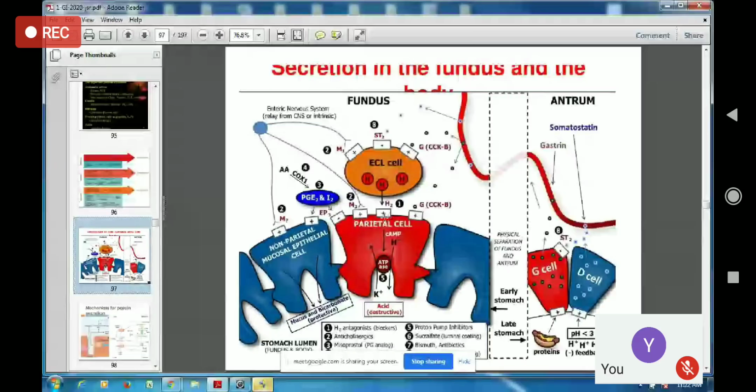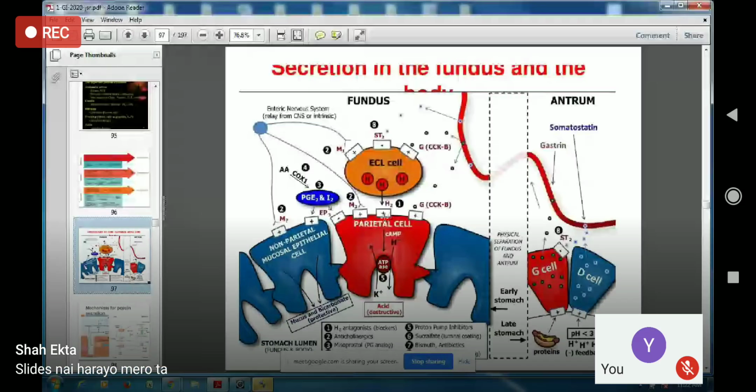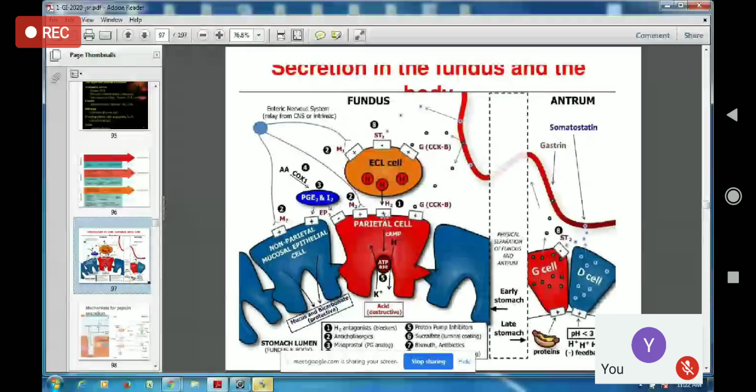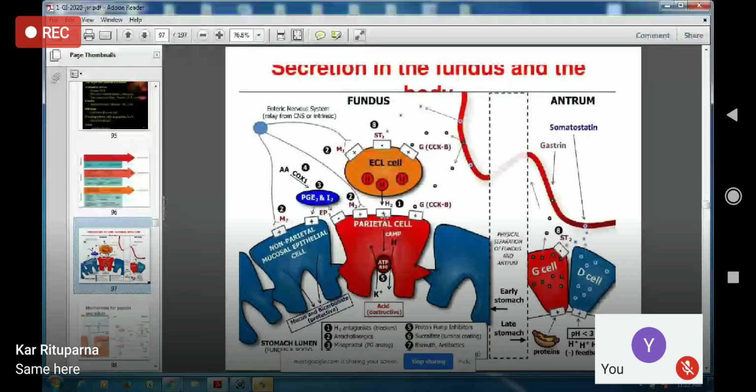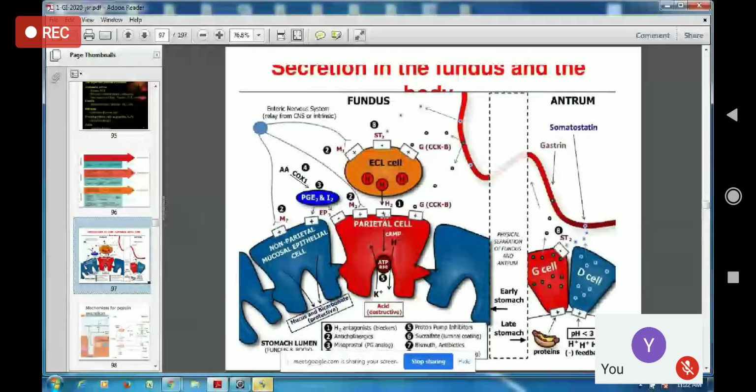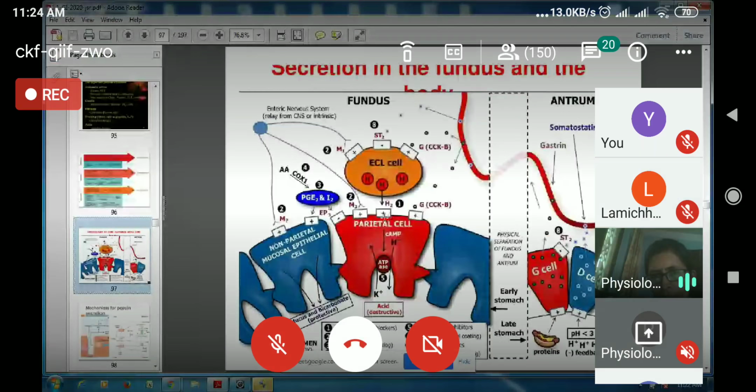So gastrin, histamine, and vagus nerve parasympathetic stimulation cause production of hydrochloric acid. They stimulate the proton pump and thus lead to increased HCl secretion.